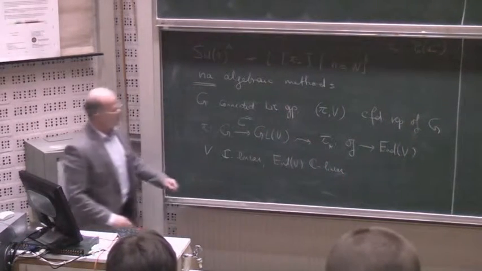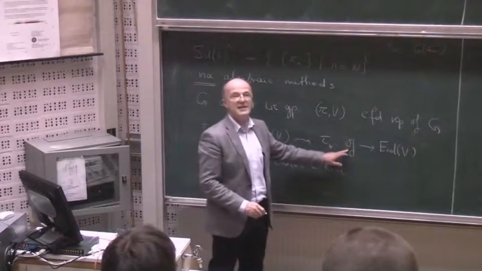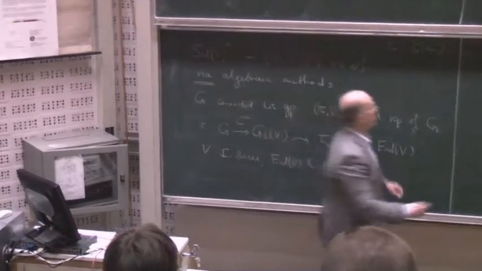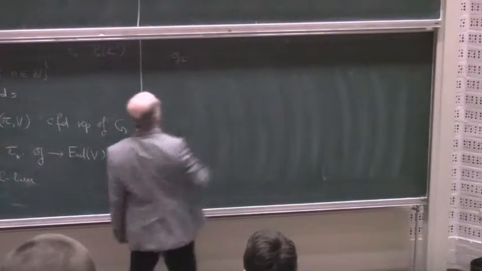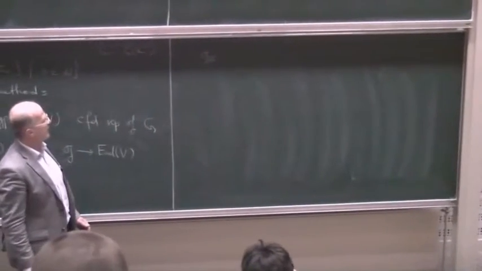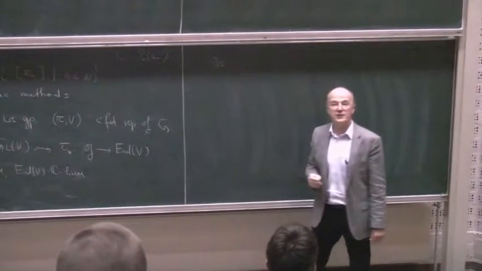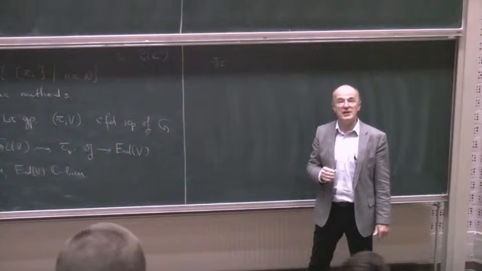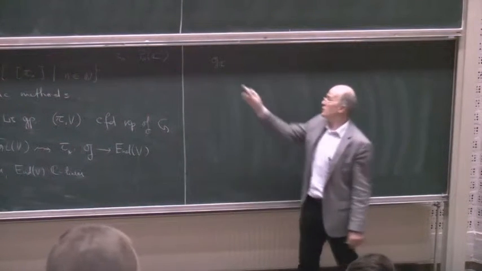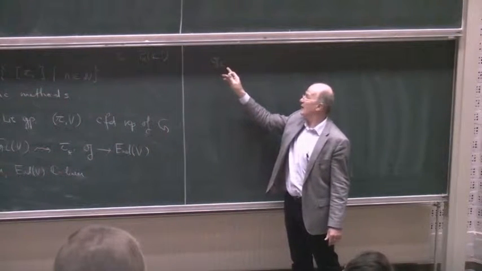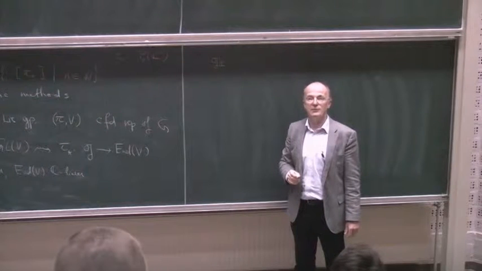But this means that pi star extends to the complexification of this Lie algebra. So the Lie algebra has a complexification, which as a vector space is the complexification of the vector space G. And the commutator brackets on G C is just the unique complex bilinear extension of those brackets.